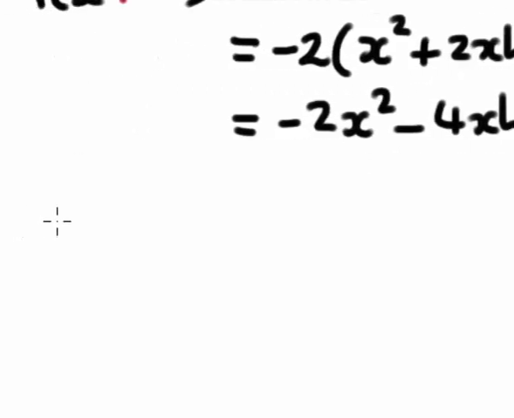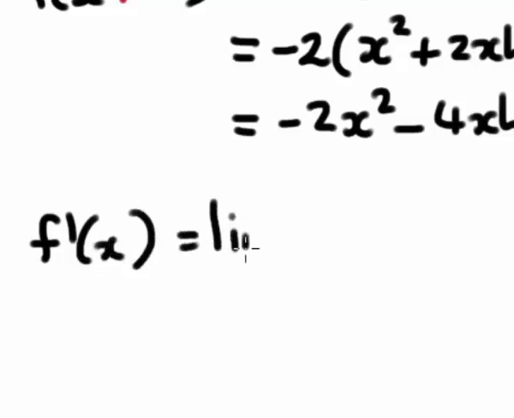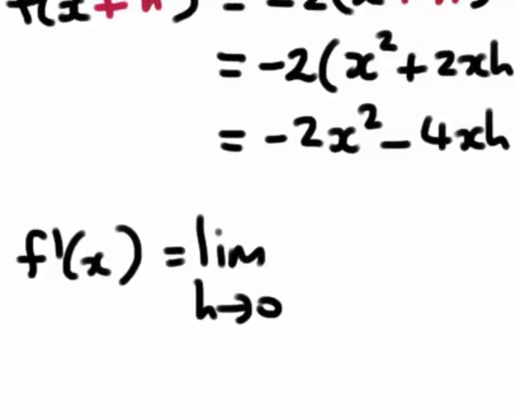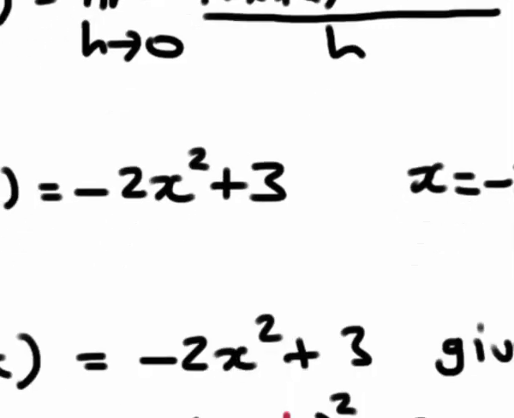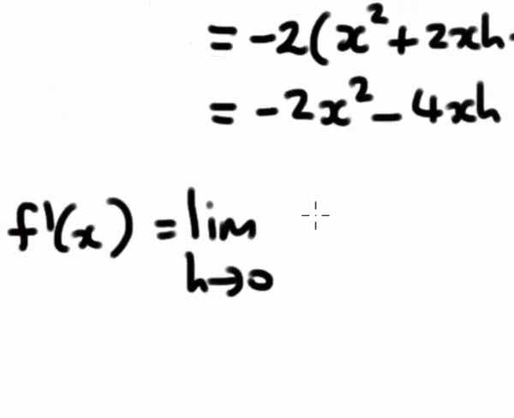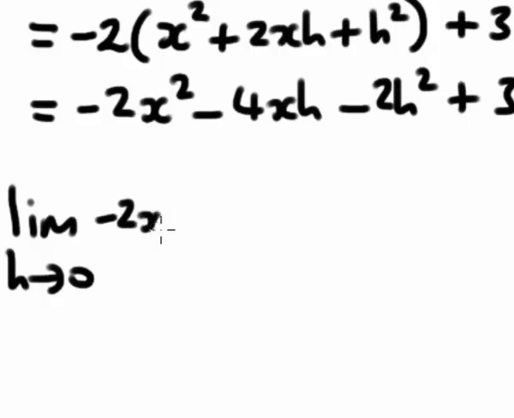Now let's go back to our formula. f prime x is the limit as h approaches 0. Remember, we're talking about f(x plus h) over here. Well, what is f(x plus h)? It is this expression here, so let's put it in: minus 2x squared minus 4xh minus 2h squared plus 3.